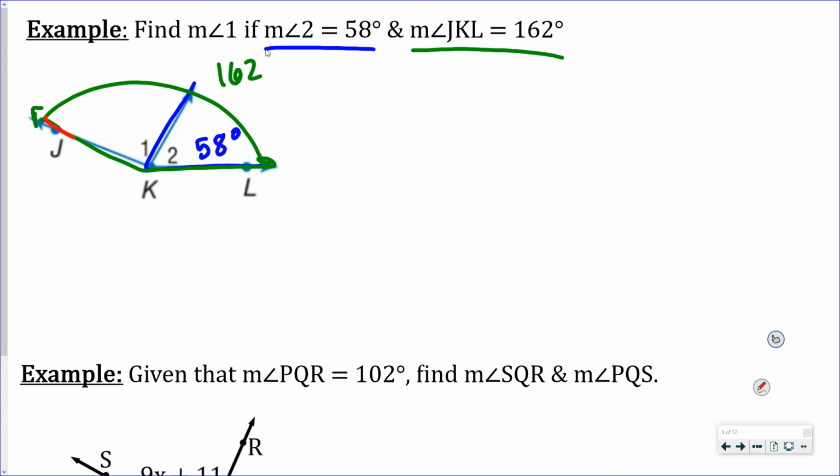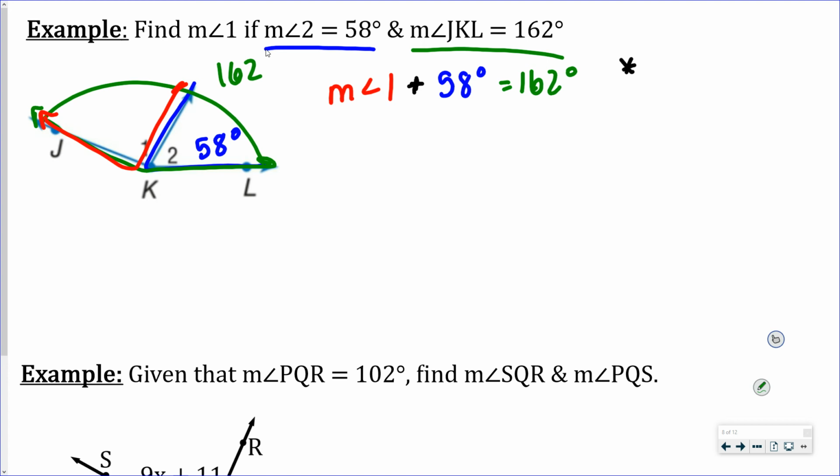So if I want to find the measure of angle 1, I could think, well, if I add 58 degrees to that, it's going to total 162 degrees. And technically, folks, just make this little note off to the side, because the question might be phrased of, hey, if I have this picture and I write this first step, what's my explanation? What's my reasoning?